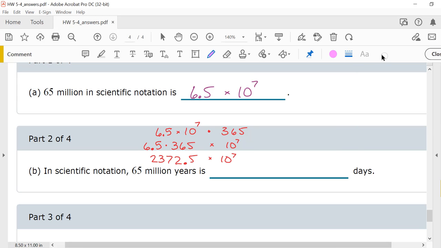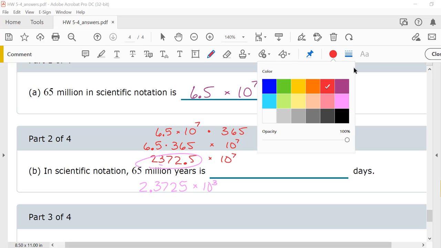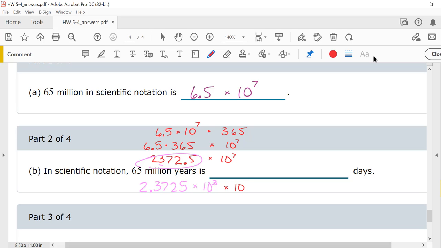But I don't like how this is written in standard form. I need to convert it to scientific notation, so that's going to be 2.3725 times 10 to the, I need to move it 1, 2, 3 places to the right, and then I still have times 10 to the 7th. So my final answer is 2.3725 times 10 to the 3 plus 7, which is 10. That's how many days ago.